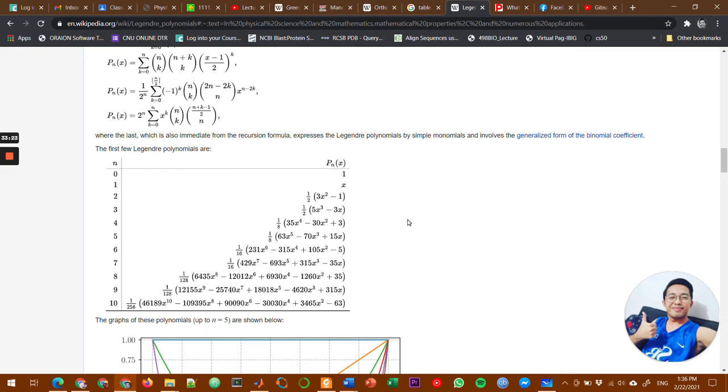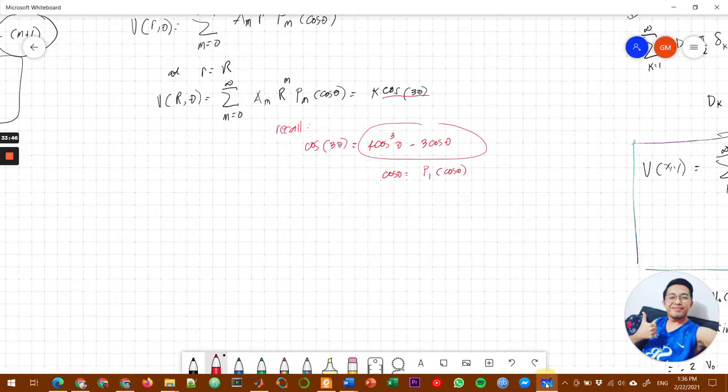For n equals 0, P0 is 1. For n equals 1, P1 of x is x, or cosine theta. For n equals 2, P2 of cosine theta is 1 half 3 cosine squared minus 1, and so on. Okay. I hope follow na siya. So, in this case, cosine theta is P1 of cosine theta.